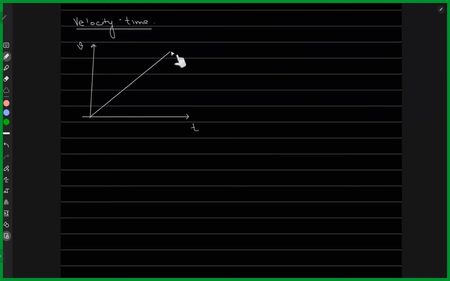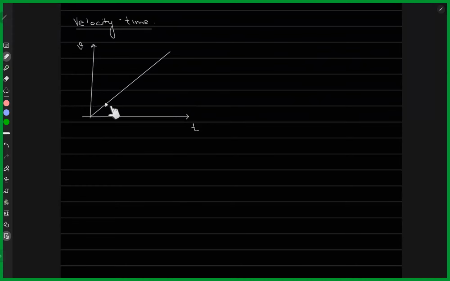Okay, now there are also graphs that show you the relationship between velocity and time, and these are called velocity time graphs, right? So first, let's look at what information I can get from this type of graph. Suppose this is time, and a line that looks like this, right?